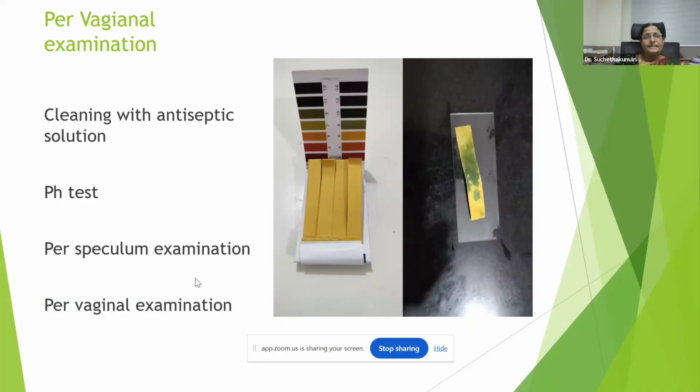So this is the paravaginal examination or the digital examination. For this, we have to introduce two fingers, that is the index finger and the middle finger of the right hand into the vagina, and the other hand, the left hand, should be kept on the abdomen. As we enter the vagina and reach the cervix, we have to just move the cervix.